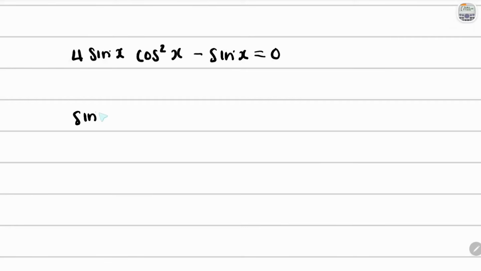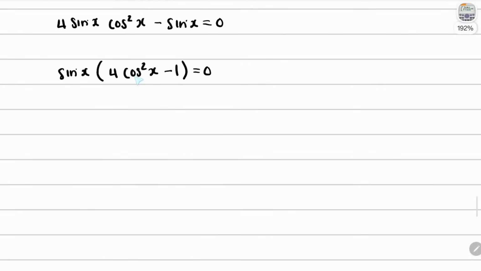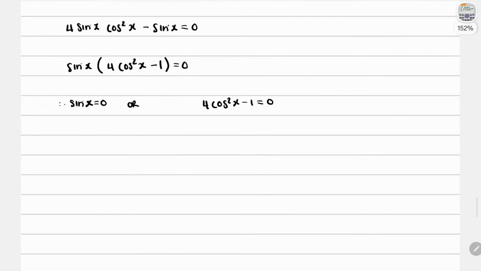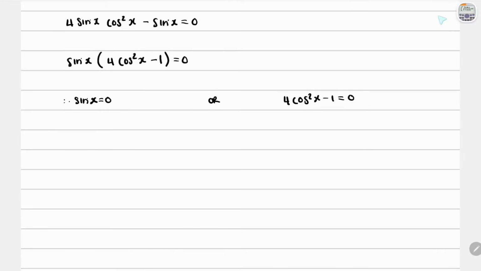So we can take sine x out as a common factor, and we are left with 4 cos squared x, and then that just becomes a minus 1 because that's all that will be left, is equal to 0. And now we just have 2 values multiplying and they give you 0. So it either means that the first one, sine x is equal to 0, or 4 cos squared x minus 1 is equal to 0. And let me just spread these apart since they will have solutions of their own.